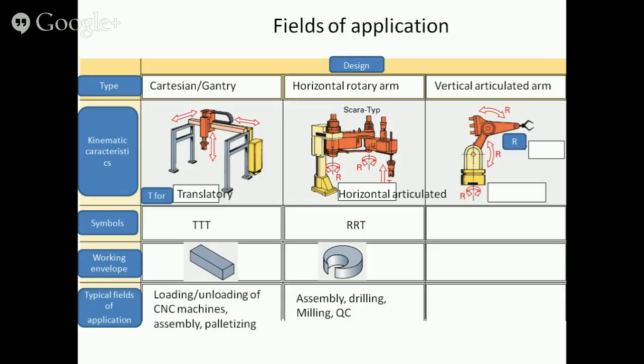The vertical articulated arm or VAA robot arm has got 3 R axes. Its working envelope is somewhat spherical. And these robots are widely used for welding, deburring, spray painting, and handling. The robot in our laboratory is of this type.